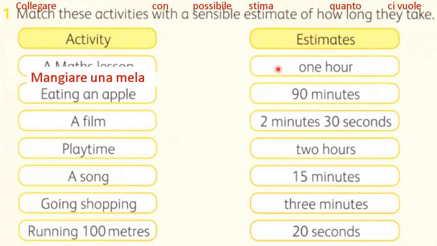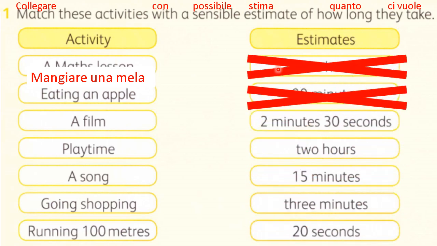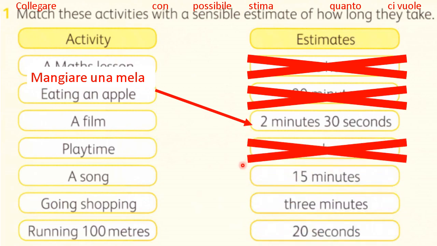Anyway, 1 hour for eating an apple is too long, so 90 minutes is too long as well. 2 minutes and 30 seconds is a short time, but if you like the apple and if it's necessary, it's a possible estimate. 2 hours is too long.